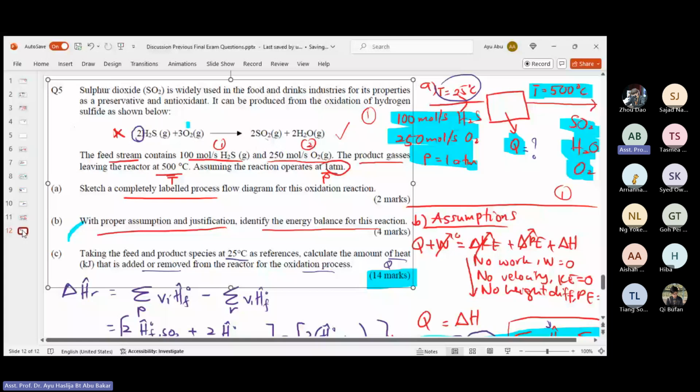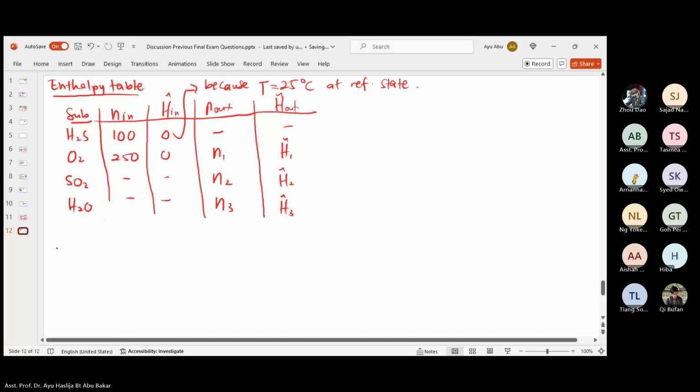What are your N1, N2, N3? 100. Correct. Same as H2S. So N1, N2, N3 equal 100.